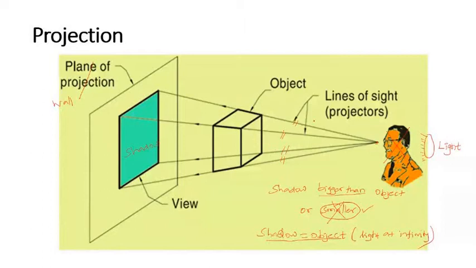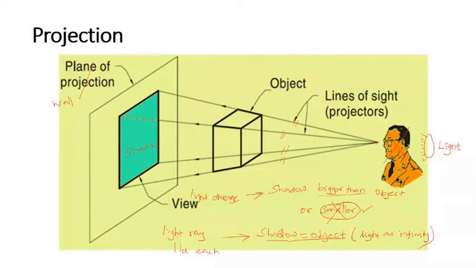If the light rays are parallel to each other, you will get this condition. When the light rays diverge from the source, you will get this case.